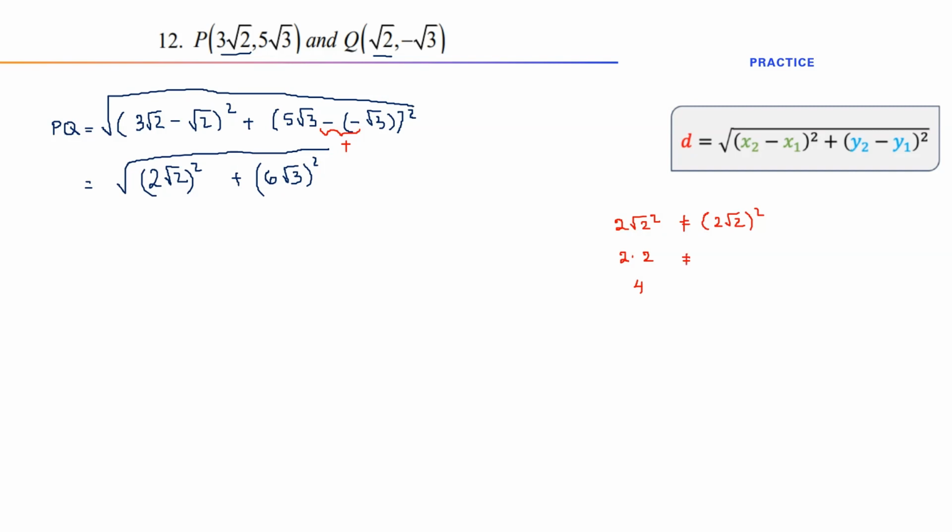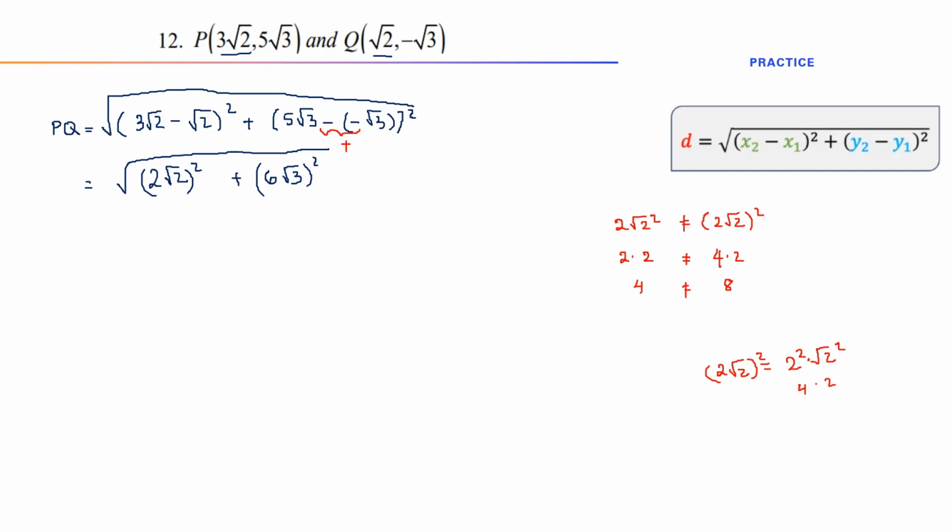That is different from this one: 2 squared is 4 times square root of 2 squared is 2, and that is 8. How do we distribute? 2 square root of 2 all squared is rewritten as 2 squared times square root of 2 squared, so that's how we get 4 times 2. It is easy to forget the parentheses.